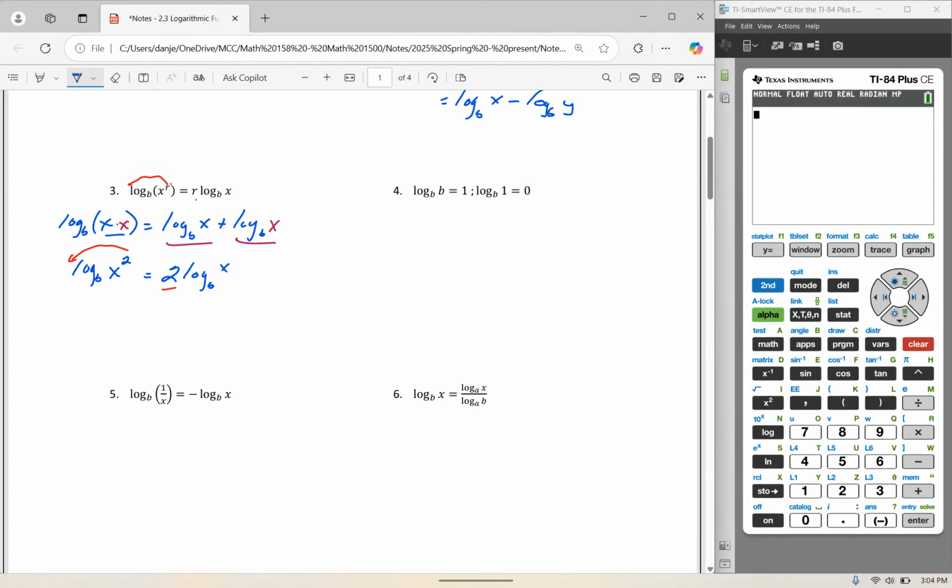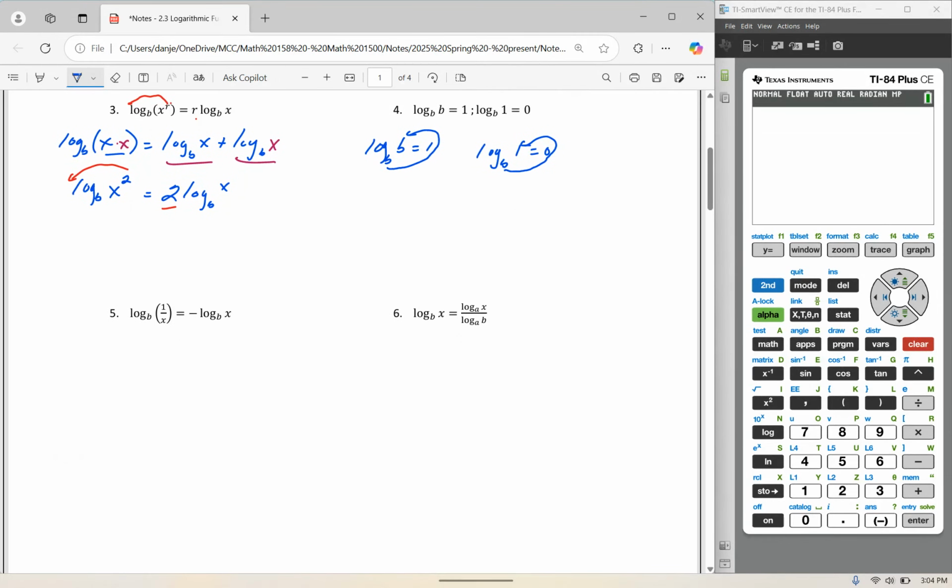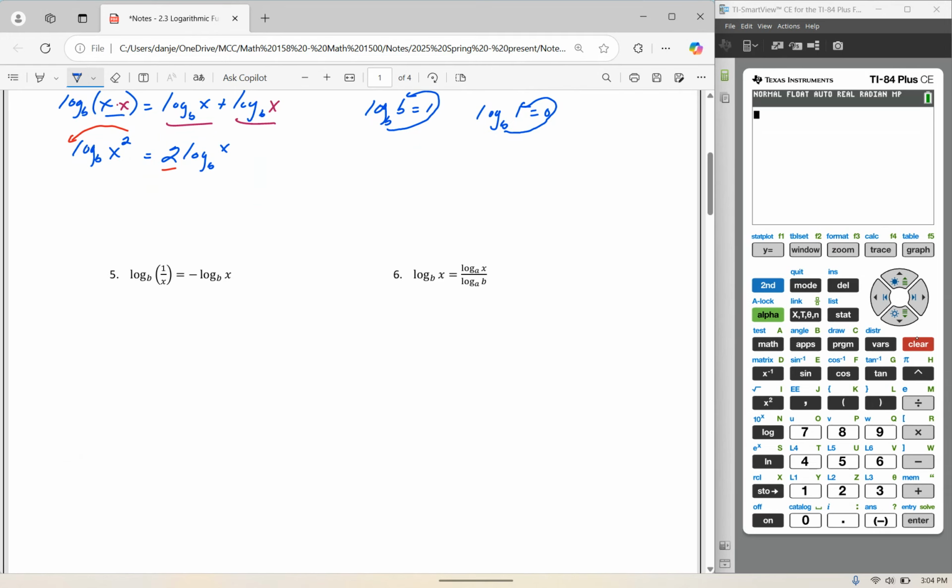Just a couple of quick rules here. Number 4, the log base b of b equals 1. That's because b to the first equals b. The log base b of 1 equals 0 because b to the 0 equals 1. Okay, so there's some rules here, a little bit less known rules here. The log base b of 1 over x, well, remember 1 over x is the same as x to the negative 1.